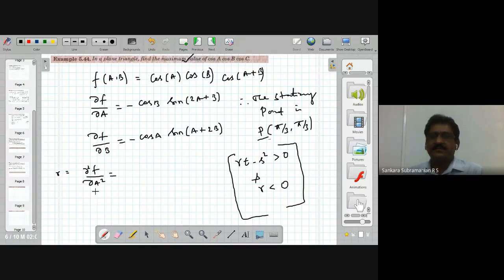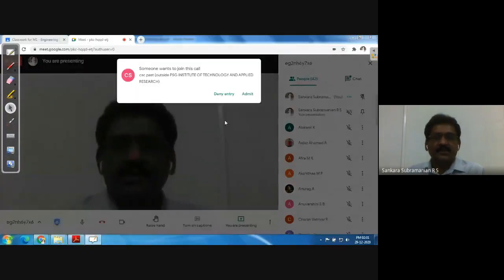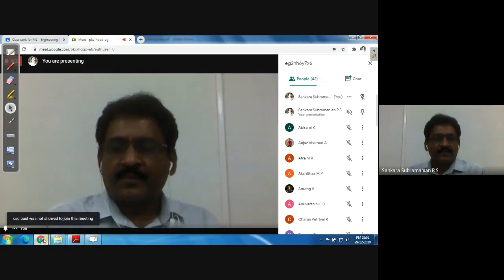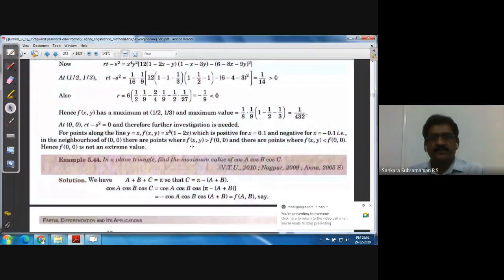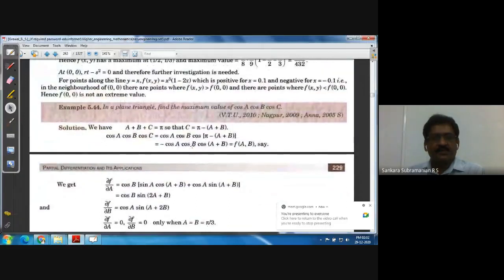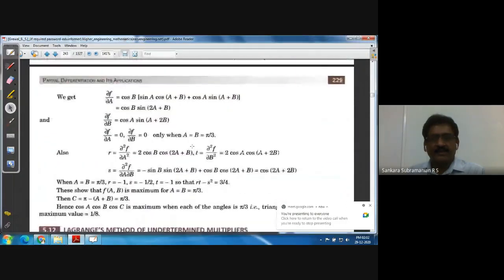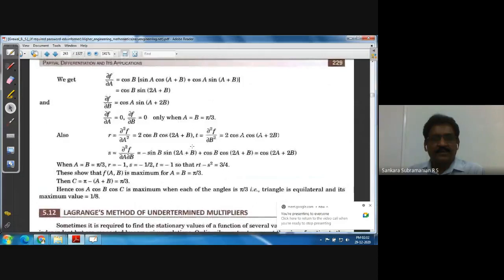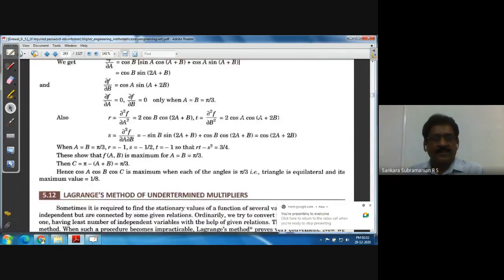Find it. Having got the stationary value pi by 3, R, S and T must be calculated.